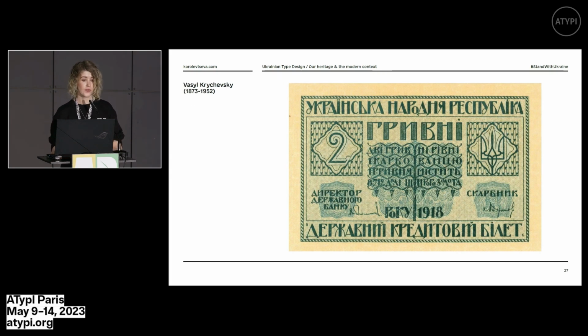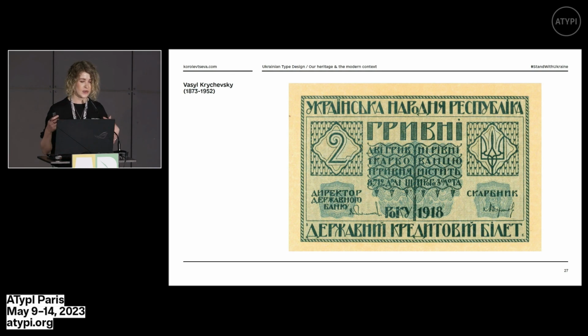This is the work of Vasil Krychevsky, also a famous, important, prominent Ukrainian graphic artist of the previous century with an amazing heritage. And this is Ukrainian hryvnia money from the Ukrainian National Republic. And you can see the first letter U with such a nice rounded tail.